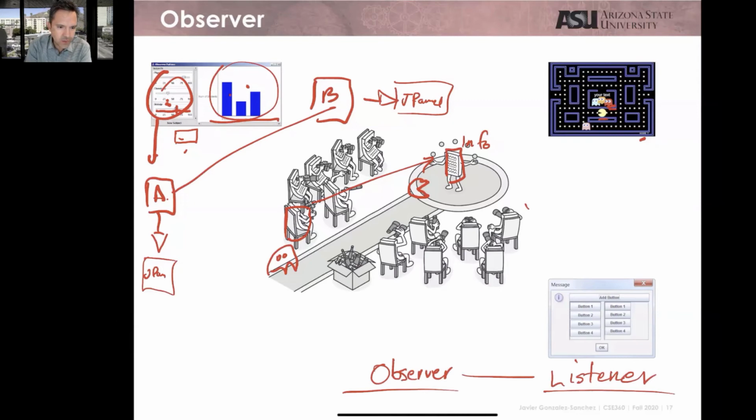The creators of Java used the observer pattern that I am going to show you for the listeners. Observer, listener. Let's change the name, but the idea is the same. I am observing the data. I am listening to an event. An event is data. It's a particular implementation of this.